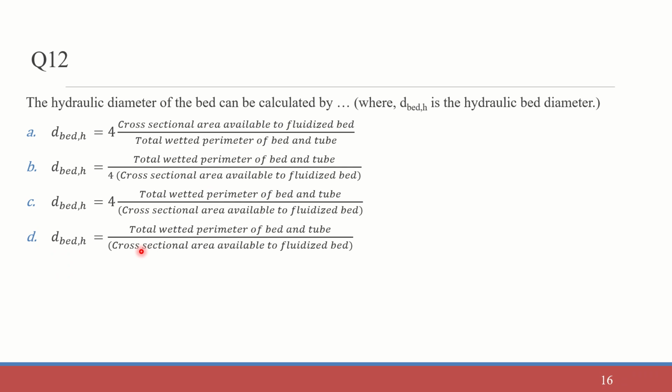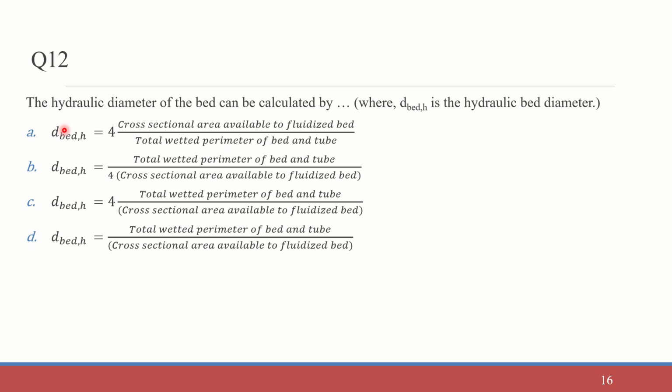So what unit are we getting? We are getting 1 by length, whereas on the left hand side we have L. So LHS is not equal to RHS for dimensional equality. Dimensionally, these equations are inconsistent, so by that means also you can eliminate options B, C and D. So the right answer is option A.